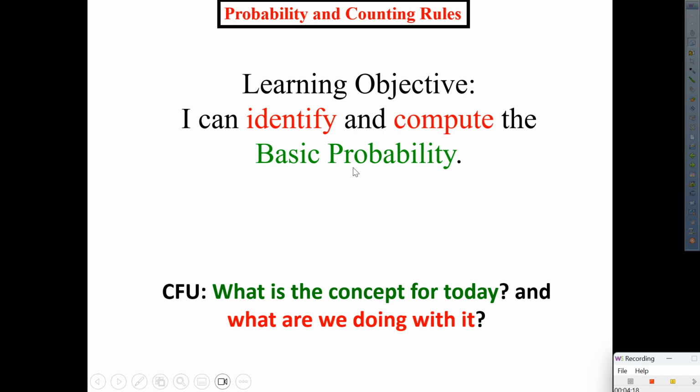Is that correct? Yes? But before I move on, remind your neighbor of the definition for probability. What is the definition for probability? Definition for probability without looking at your notes. Definition. All right, good communication. Areli, definition.